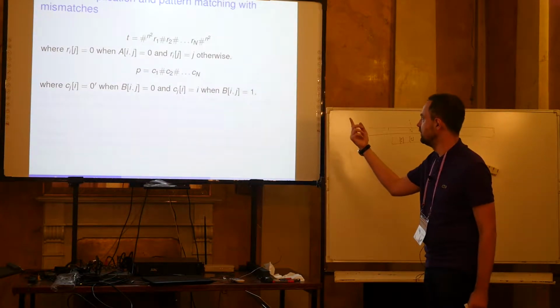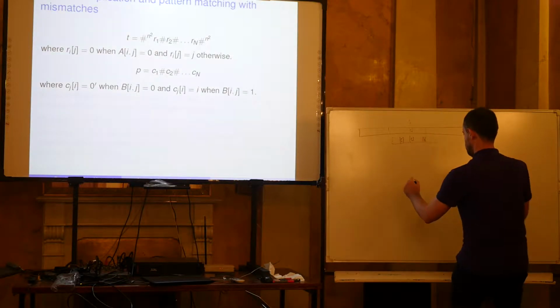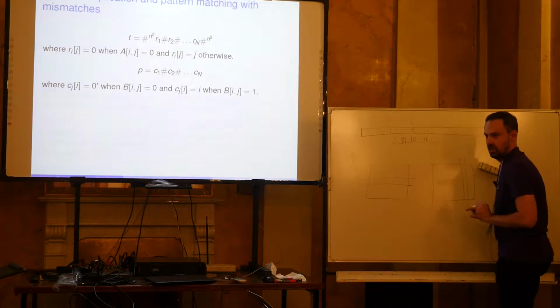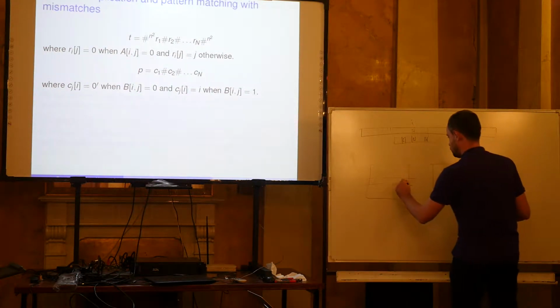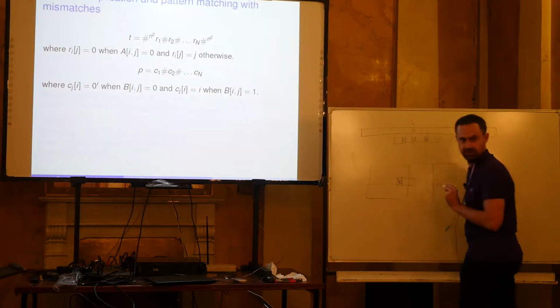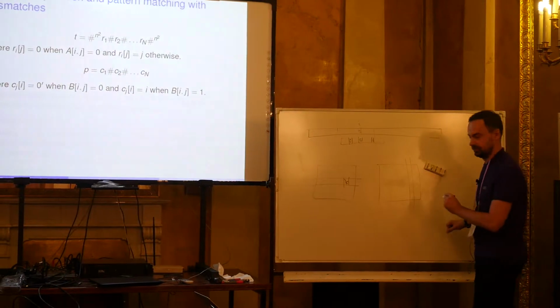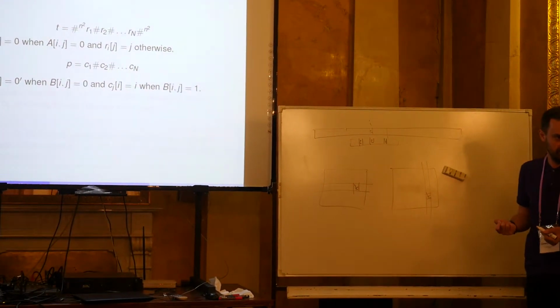So let me draw it. And some column here. And I try to figure out when I have a match. To have a match, I should have some character K here, and the same character here in the column, right? Otherwise, I cannot get a match.